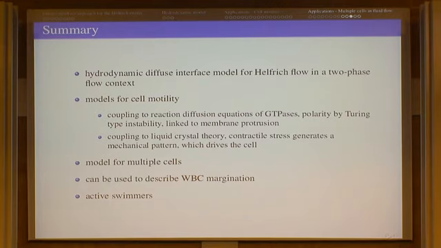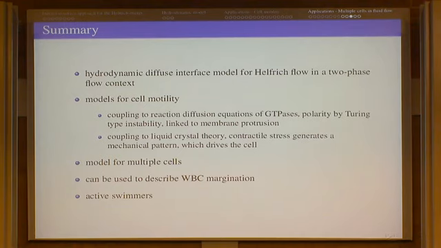You've seen a hydrodynamic diffuse interface model for Helfrich flow in a two-phase flow context, and we applied this model to different applications for cell motility and for the description of multiple cells.